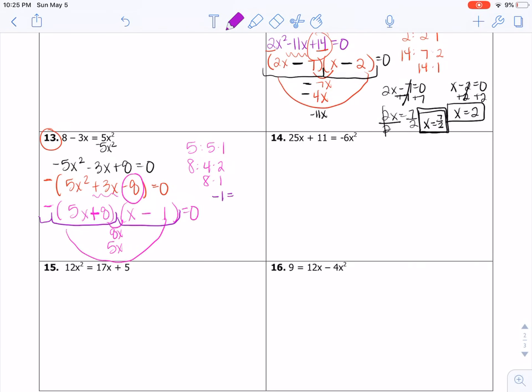Well, a negative 1 will never equal 0, so we throw that out. And then we have 5x plus 8 equals 0. And we have x minus 1 equals 0. Well, if I add 1, x will be 1. And x will also be negative 8/5.